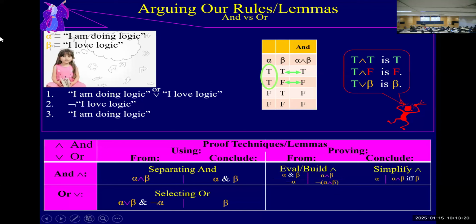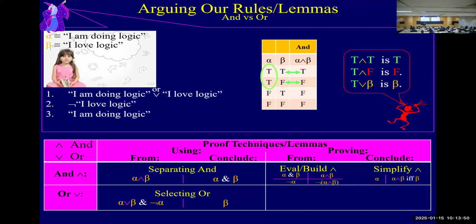Now the funny thing here, if I tell you that alpha is true, I don't know whether the and is true, right? Whether the and is true depends on whether beta is true, right? Does it make sense? But we can narrow it down, we can simplify it, so that the truth of the and now just depends on learning the truth of beta.